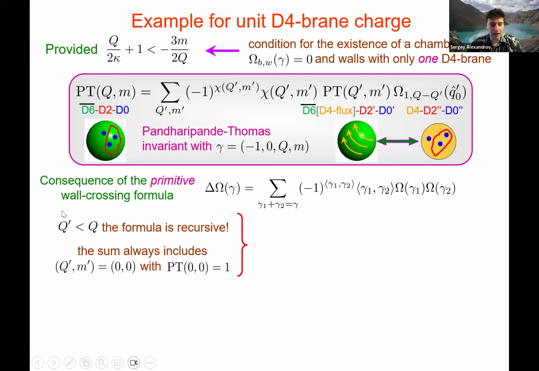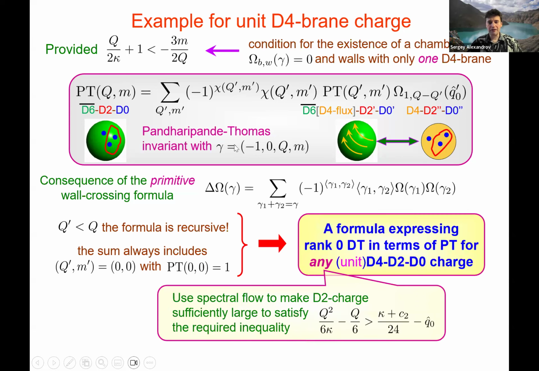And secondly, there is also a term with Q prime and M prime equal to 0, for which the PT invariant is equal to 1, which means that there is a term which has just this rank 0 DT invariant. And then you can put the PT invariant on the left, put it on the right, and in this way, you get a formula for a rank 0 DT invariant, expressing it in terms of PT invariants.